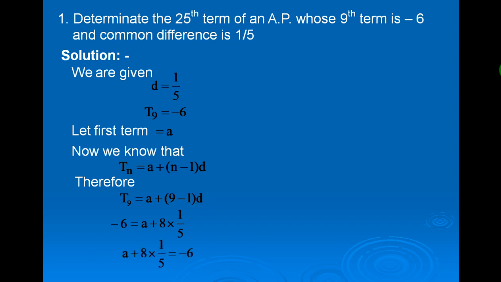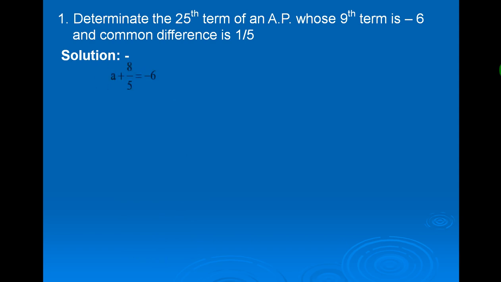Or A plus 8 into 1.5 is equal to -6, or A plus 8.5 is equal to -6. Therefore, A is equal to -6 minus 8.5.